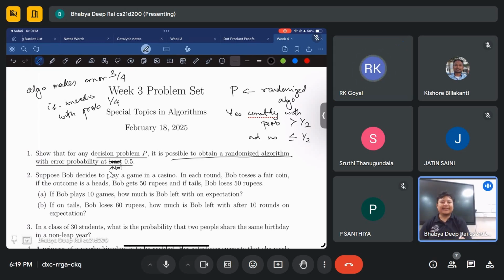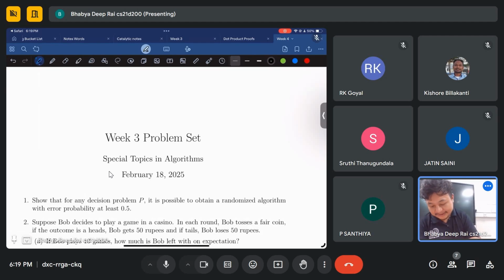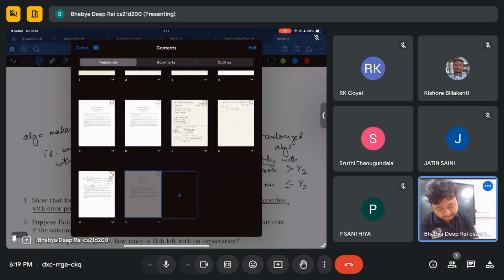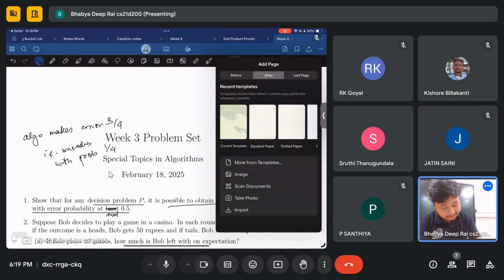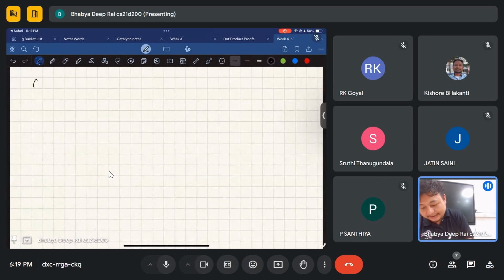Exactly. So the claim is that for any decision problem, we can always construct a randomized algorithm for the problem with error probability at most half. Now, what is a decision problem, by the way?